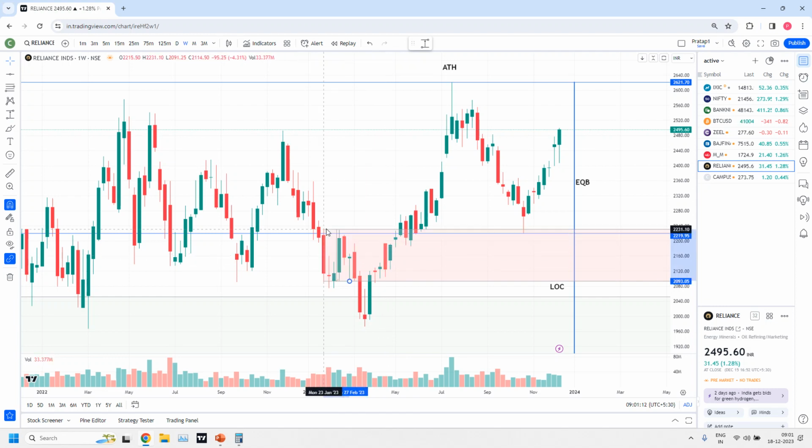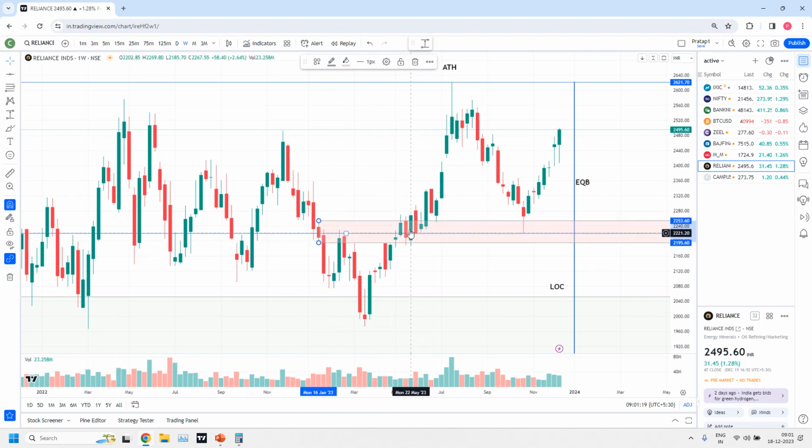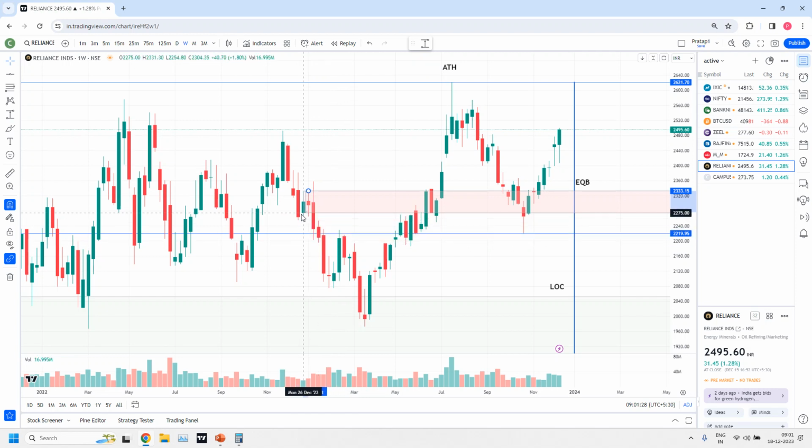Okay, what is the next supply zone? Here we have another supply zone. Now by violating this supply zone, the sideways trend definitely changed to uptrend. Now a little above that we have again another zone. This is also violated. By violating this supply zone, uptrend continued as uptrend.